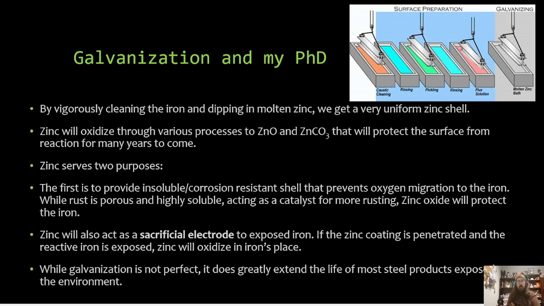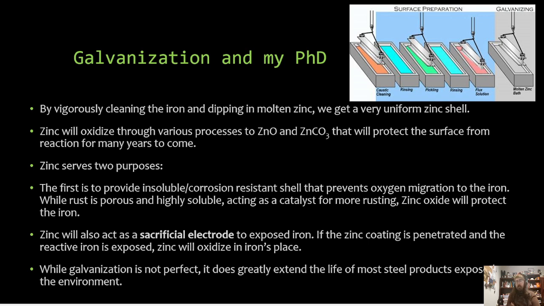So in this way, as long as the zinc is in contact with the iron, it will keep oxidizing itself and protecting the iron for as long as it has some energy left. So this process is not perfect. It will greatly extend the life of most steel products.